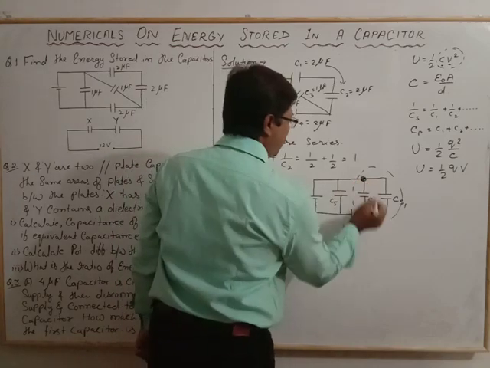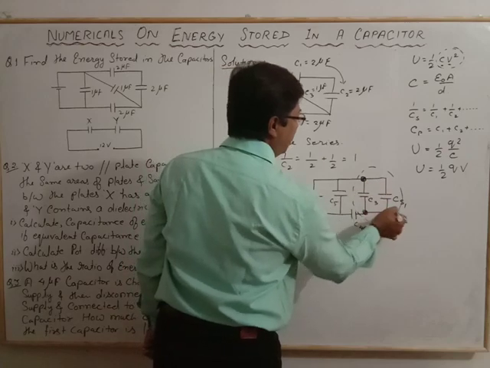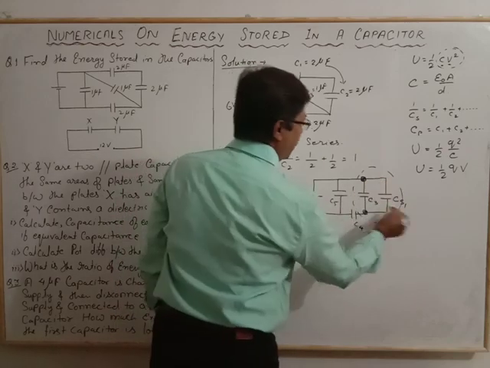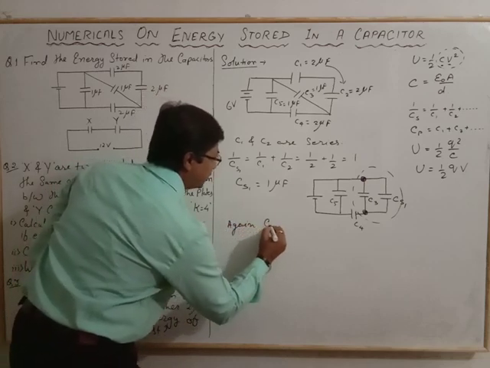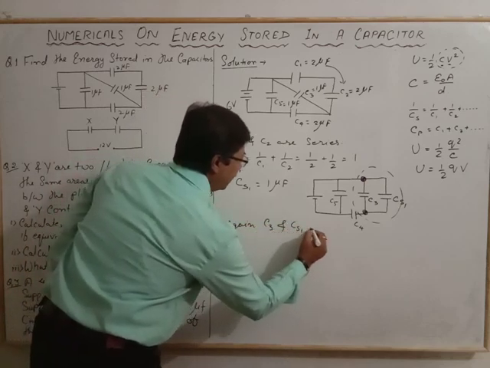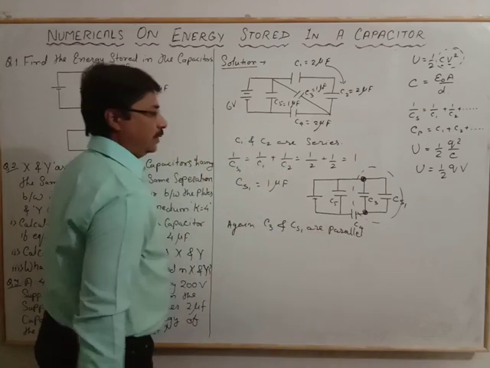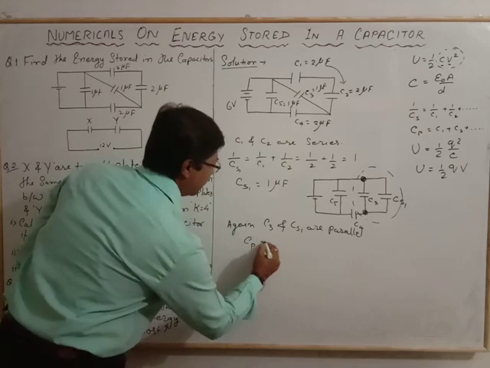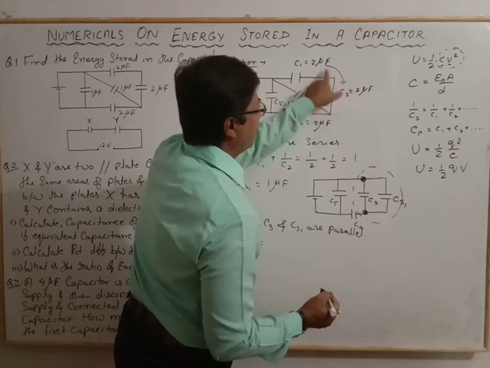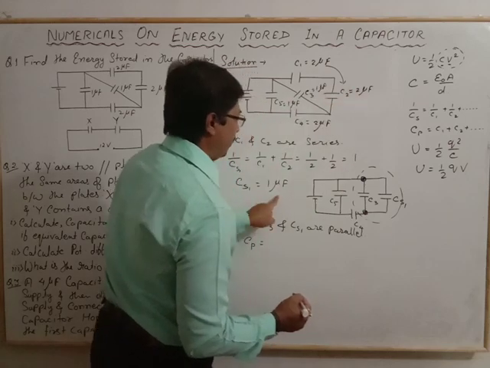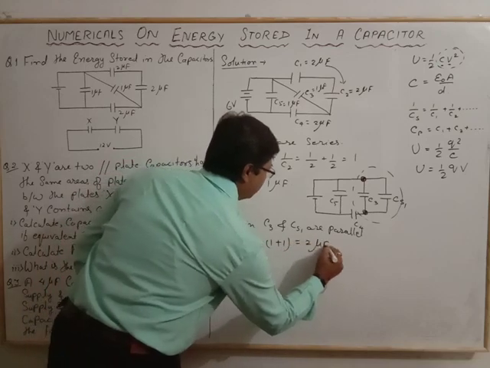Now both CS1 and C3 are connected with the common terminal, so these two are in parallel. So again, C3 and CS1 are parallel. In that case, Cp is equal to C3, which has the value 1, plus what we have calculated, which is also 1 microfarad. So 1 plus 1 is equal to 2 microfarad.